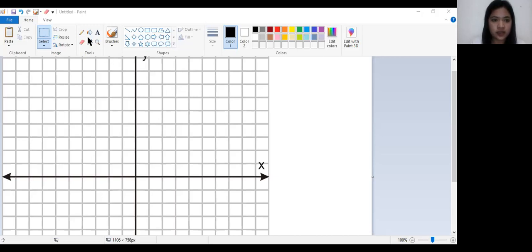Okay, so, gamit tayo ng pencil, then color black. So, ito, yung points wherein nag-meet yung ating horizontal and vertical lines. So, ang tawag natin dyan ay origin. So, origin is 0, 0. Okay?